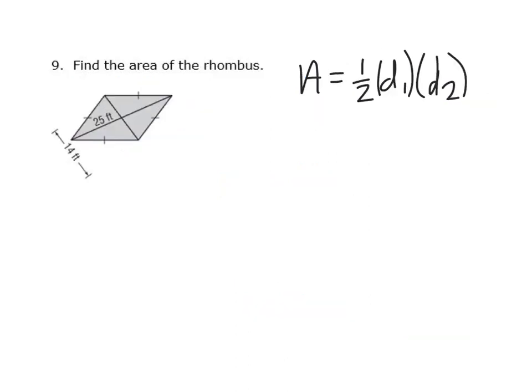This one here, we're asked to find the area of a rhombus. So we know the area is going to equal half. And then we're going to find our diagonals. So here is 14. And then our other diagonal comes here. Now you have to remember, diagonals in a rhombus are bisected.